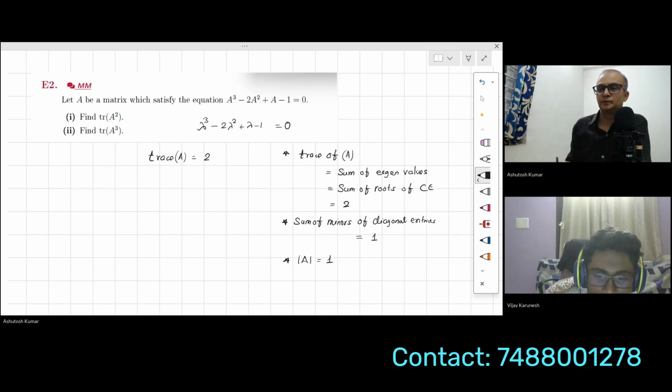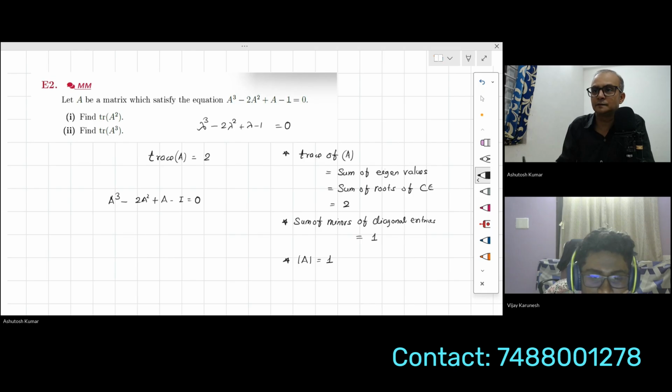You're not thinking, okay. So can we write this A cube minus 2A squared plus A minus I is equal to the null matrix, this is I by the way, not 1, correct?